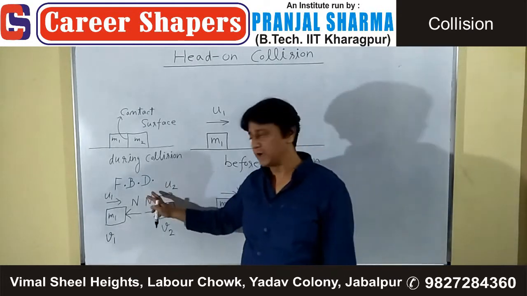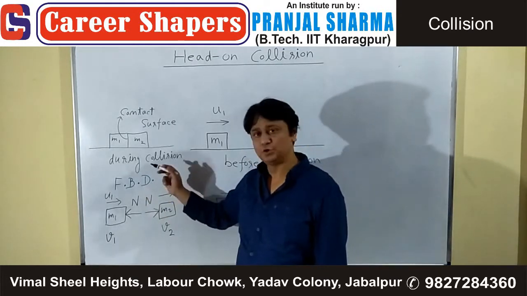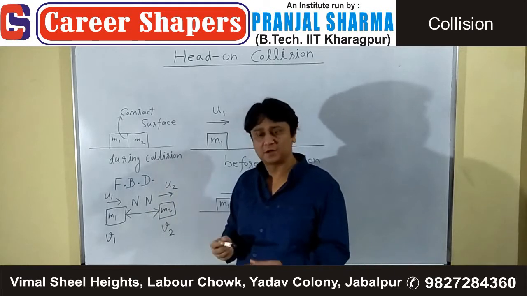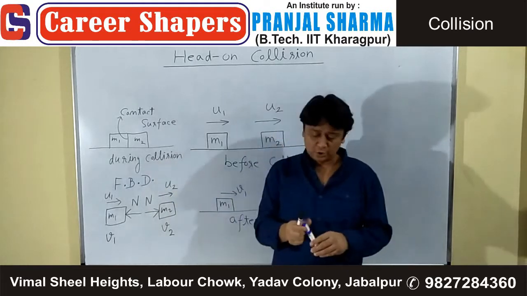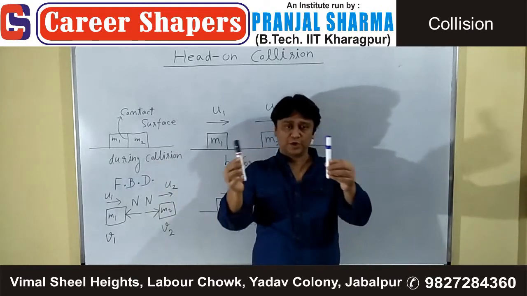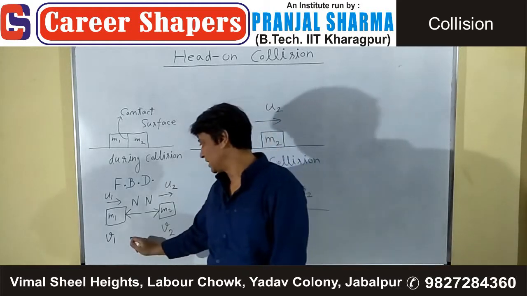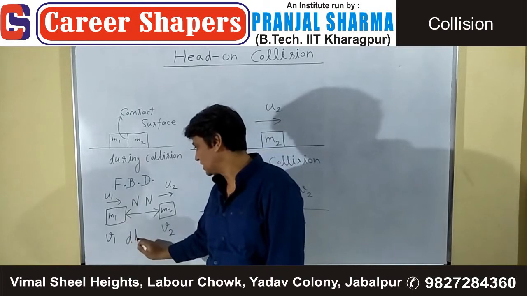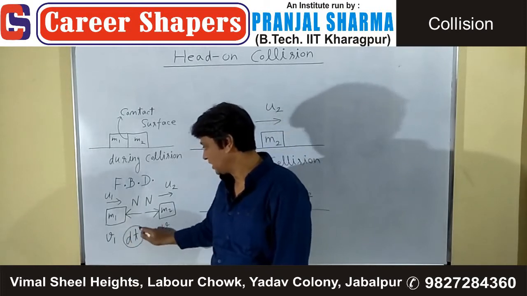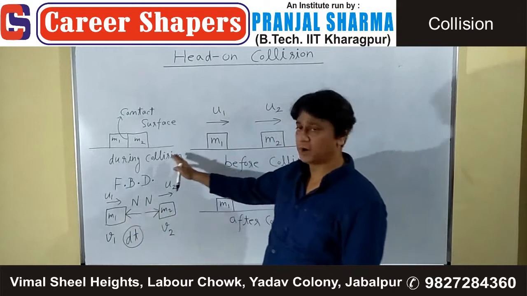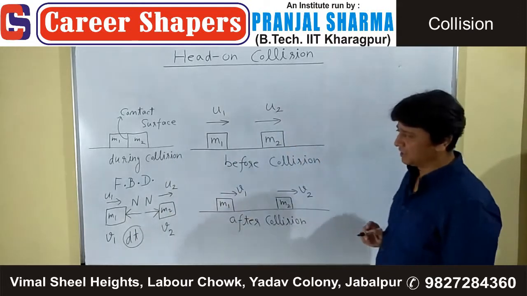So this is the free body diagram, and as you know, this impact duration, when two things collide, is simply dt. This whole collision part is over in time dt.